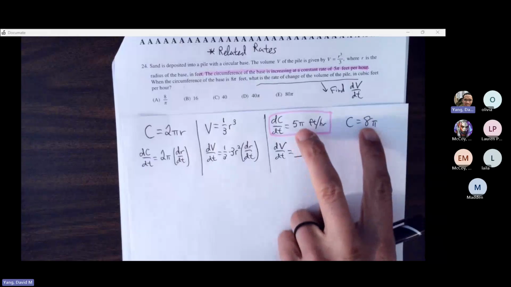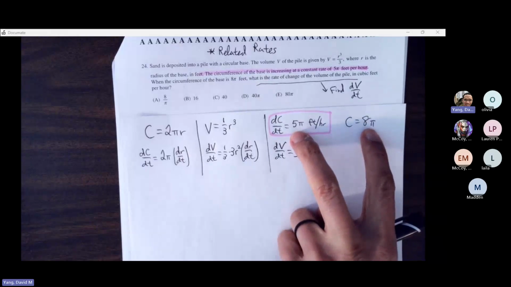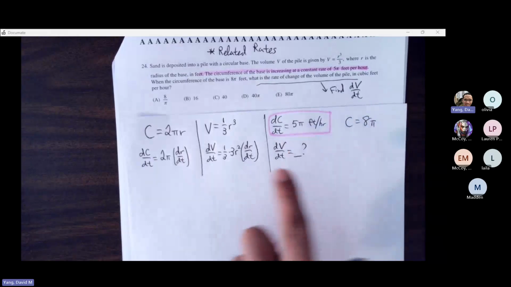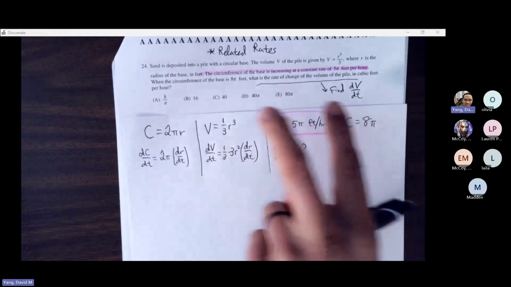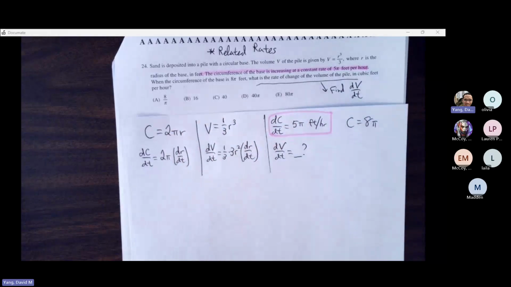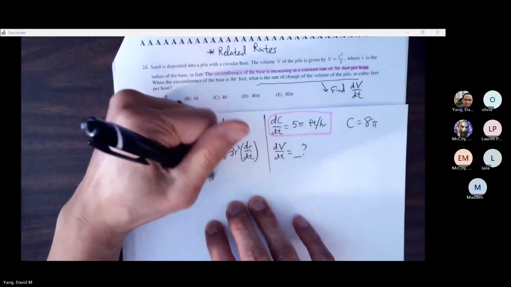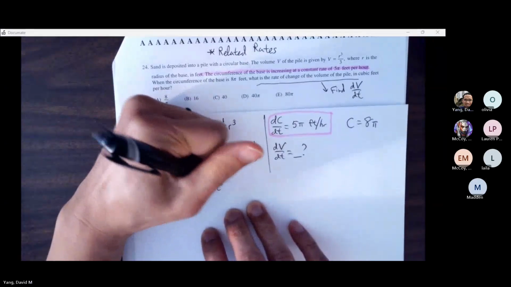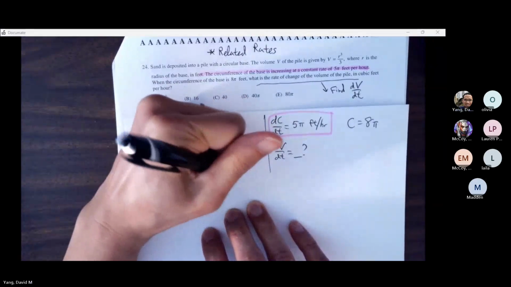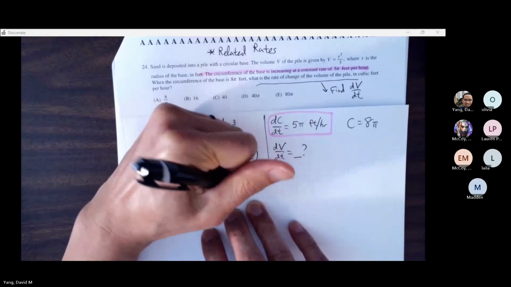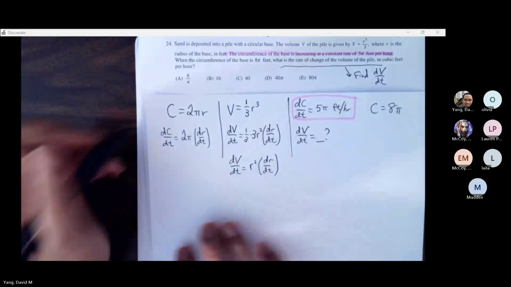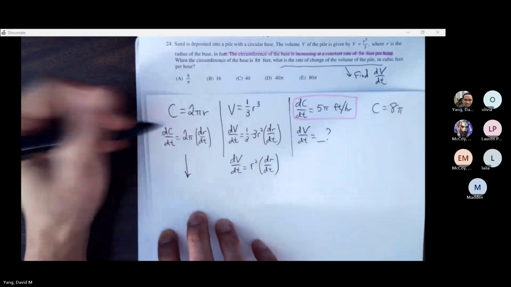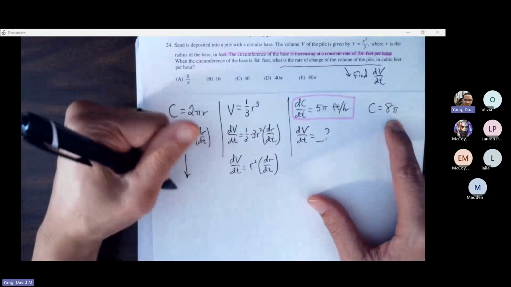So even though these are not variables and values that we need to get to dV dt explicitly, we do have a way to get to what we want to get to. All right, c equals 2 pi r.